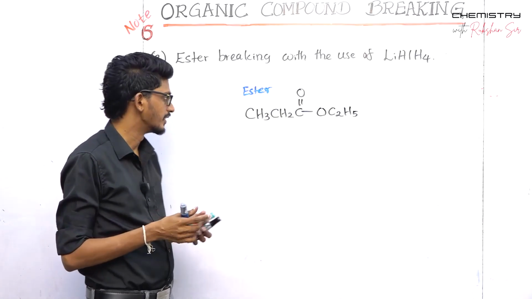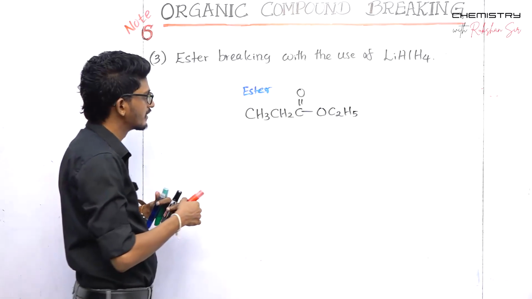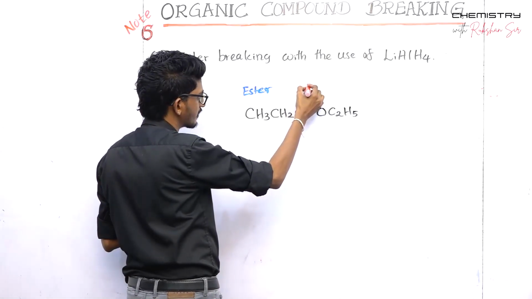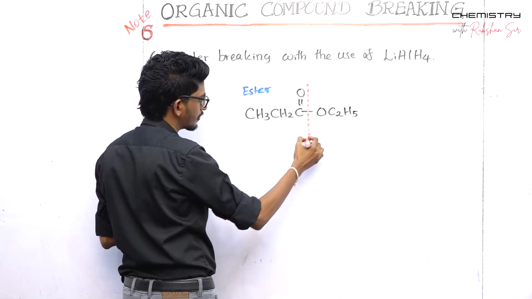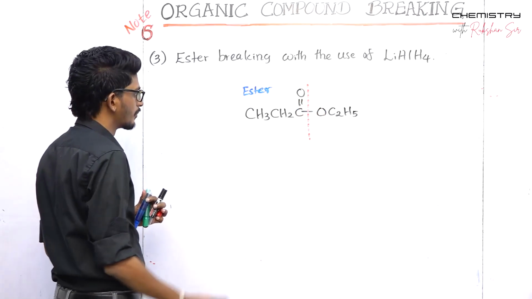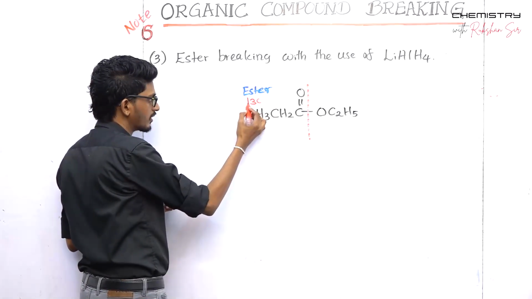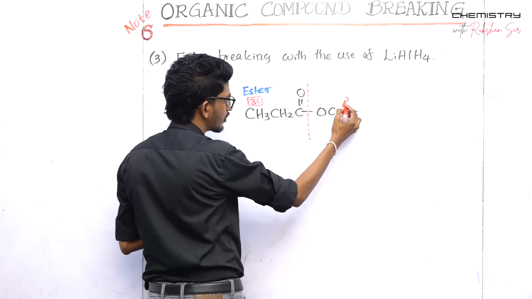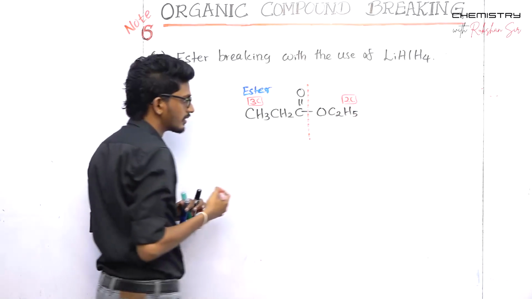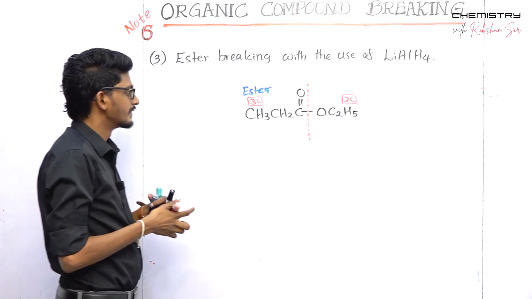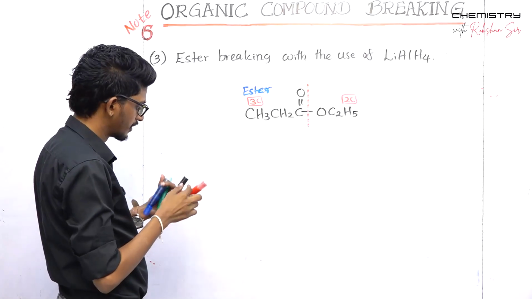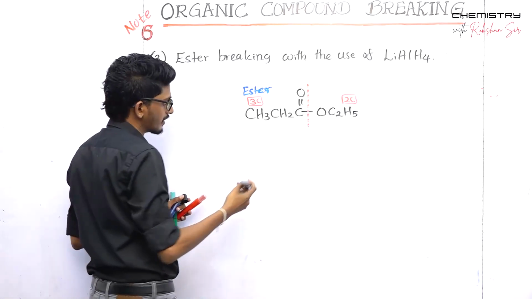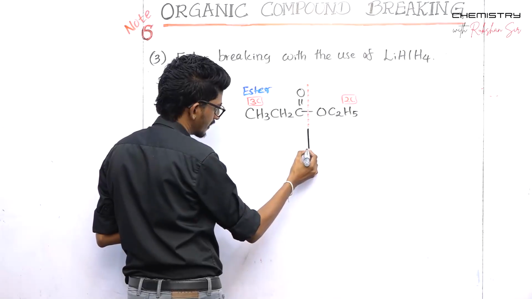So what you need to do there is break this ester from this ester bond, so that you can copy a 3 carbon compound and a 2 carbon compound. This ester breaking can be done with the use of lithium aluminum hydride. See what will happen.